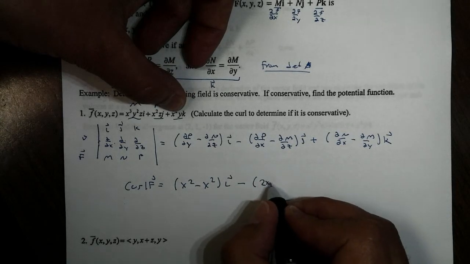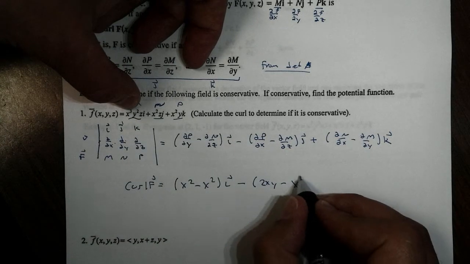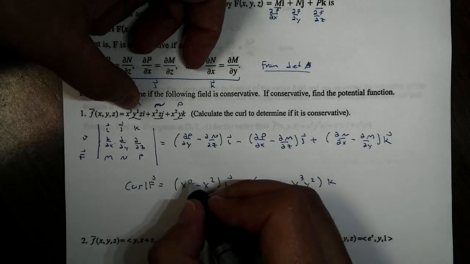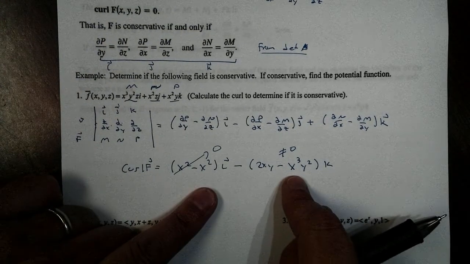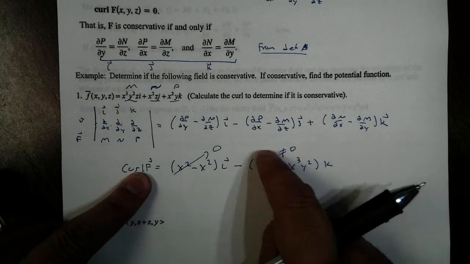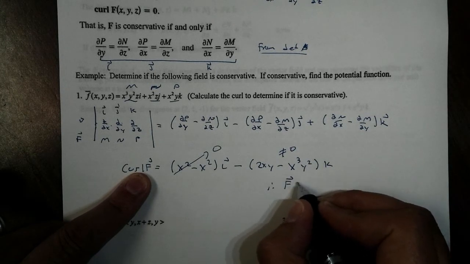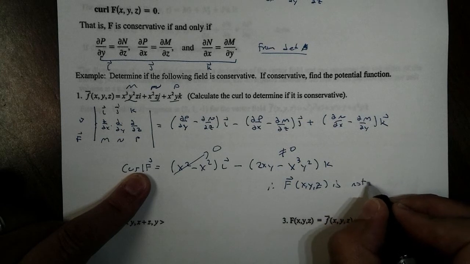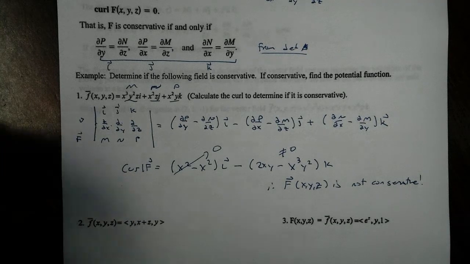This becomes 2xy, minus the partial of M with respect to z. This becomes x cubed y squared. Now I can actually stop here, because notice, this is equal to 0. This does not equal 0. So remember, for this to be conservative, everything would have to be 0. So therefore, our vector field is not considered conservative. Right there, and we're done with that one.